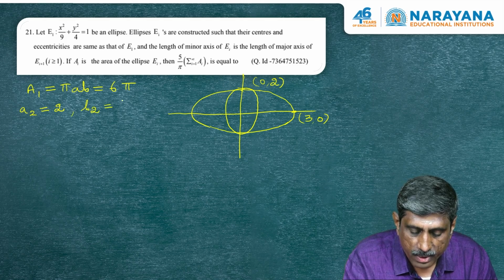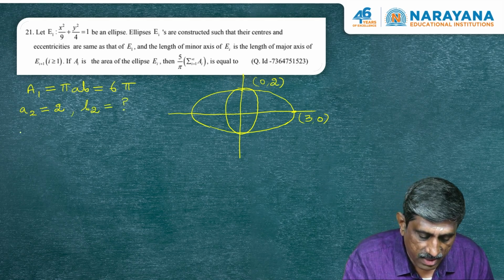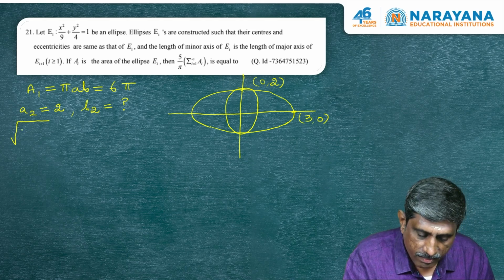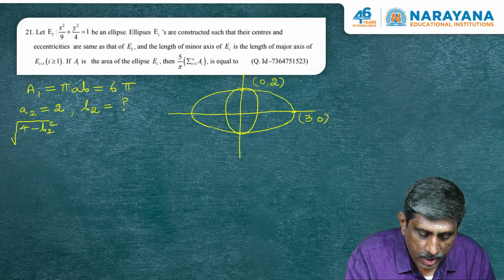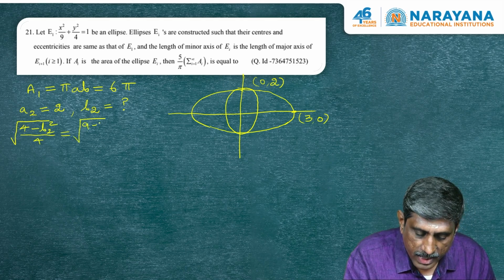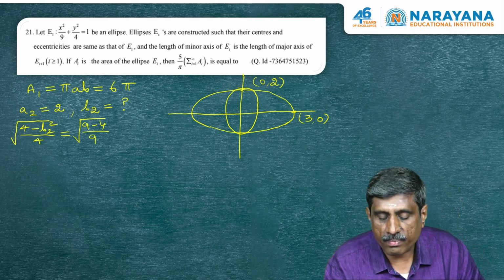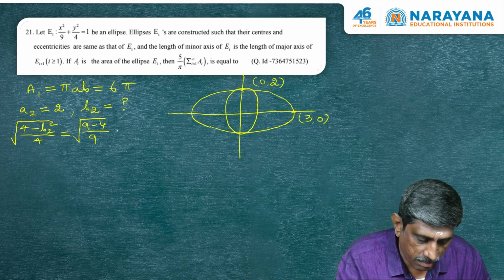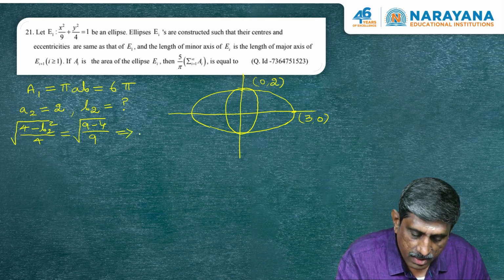To find B2, I am going to equate the eccentricity: square root of 4 minus B2 square divided by 4 is equal to square root of 9 minus 4 divided by 9. Eccentricities of the new ellipse and the given ellipse are the same, and when we simplify this, we get B2 is equal to 4 by 3.